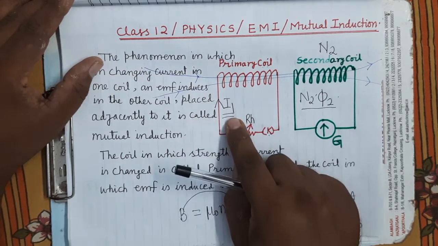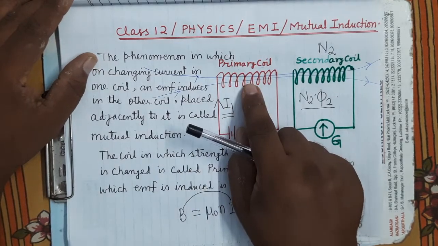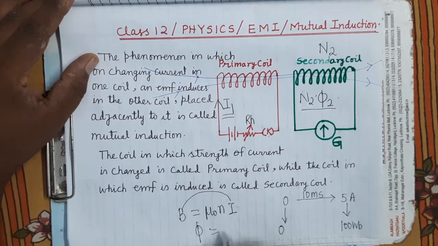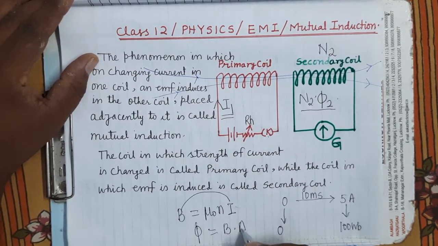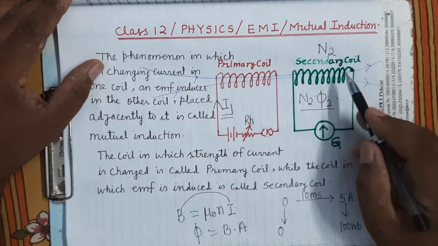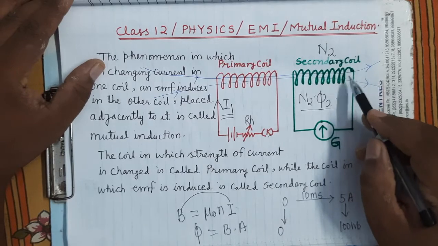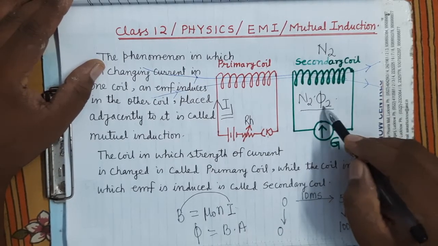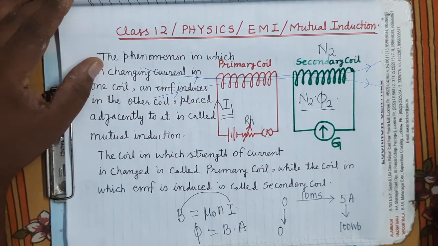When current is increased, the magnetic induction inside the coil will increase. Therefore it will produce more magnetic flux, so there will be more linkage of magnetic flux through each turn, and the total magnetic flux linkage will increase.